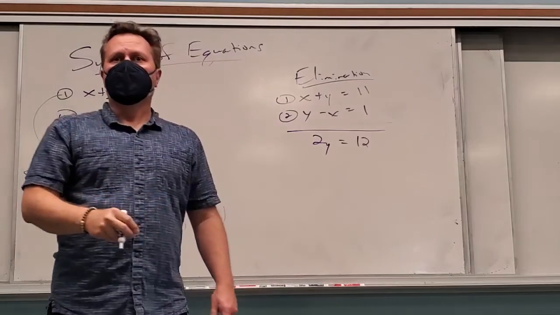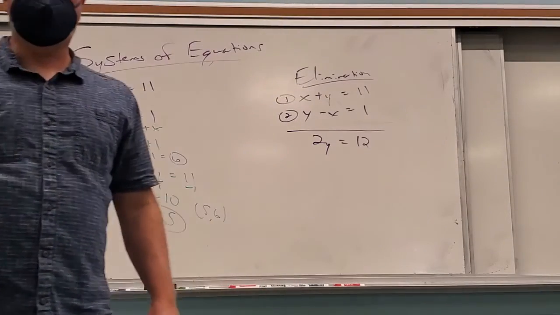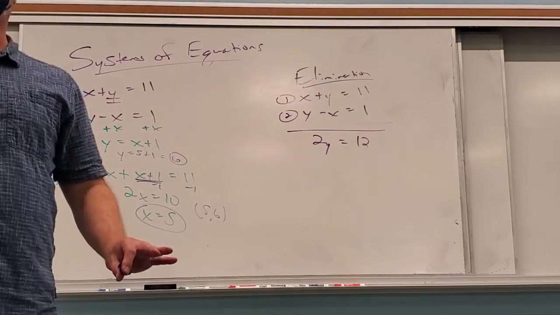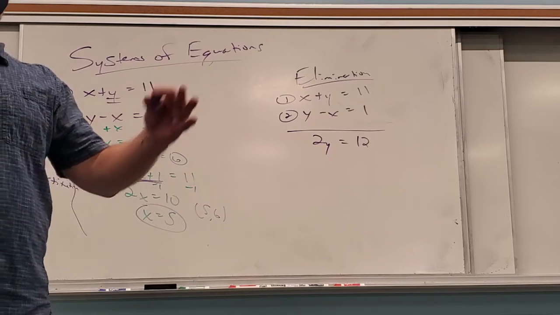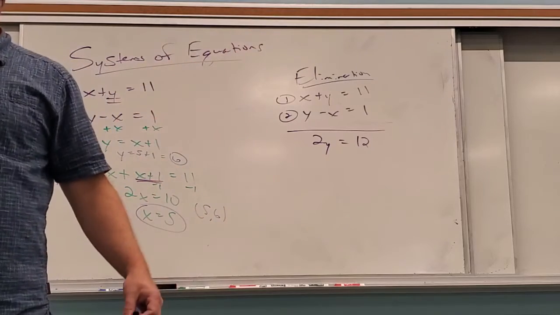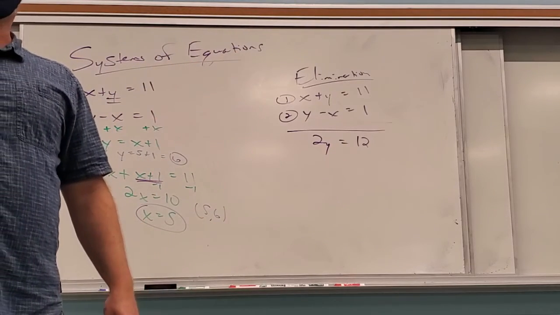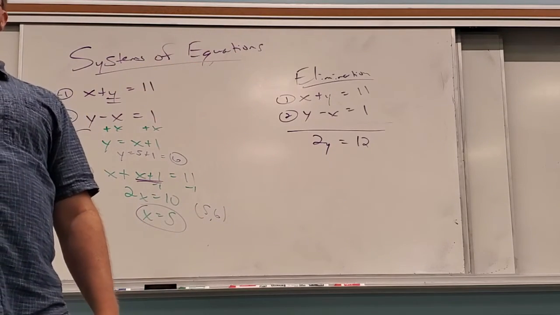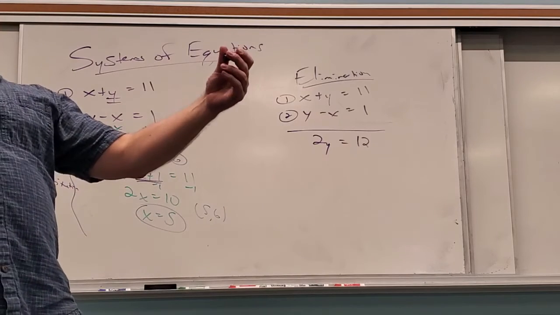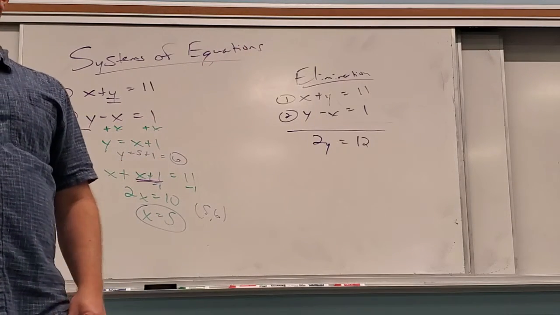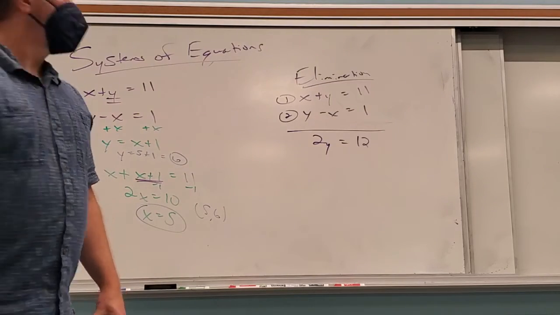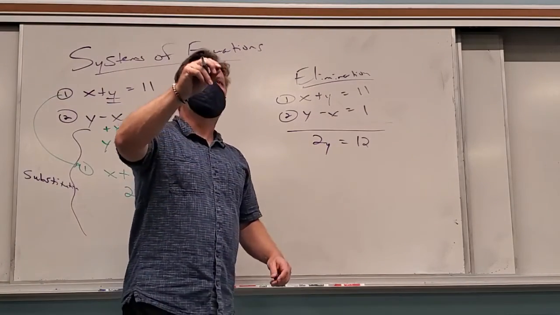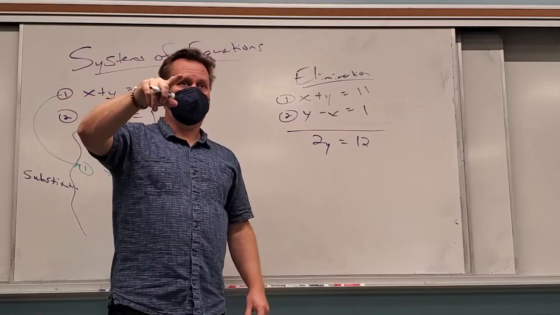Now, real quick. Are any of you concerned why I'm allowed to do that? Why am I allowed to just add two equations together? Are any of you concerned, or are you like, none of this makes any sense, so whatever? Because they have like terms. Don't I have to add the same thing to both sides of an equation?